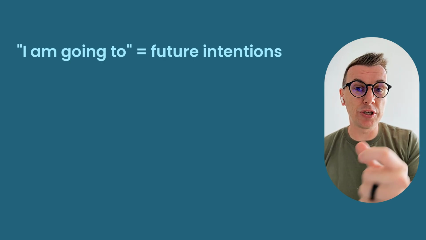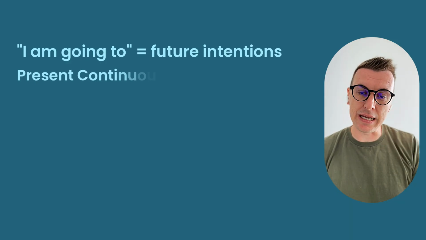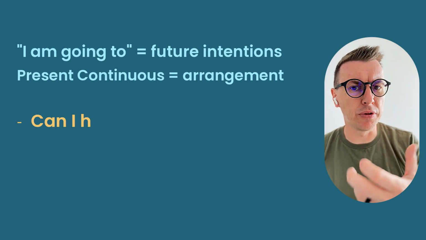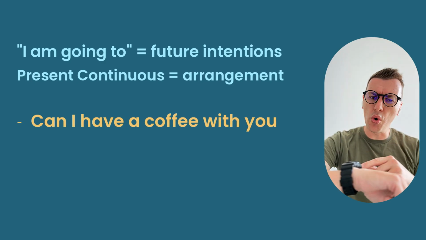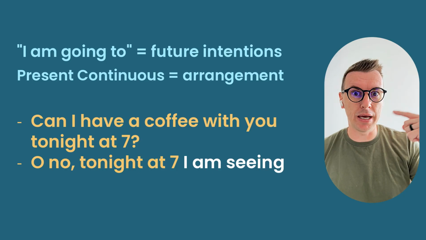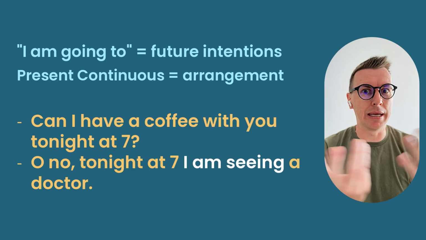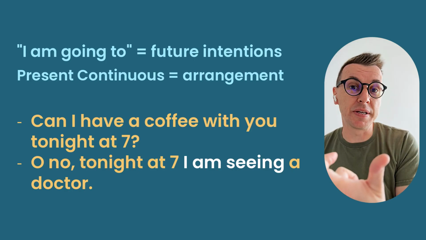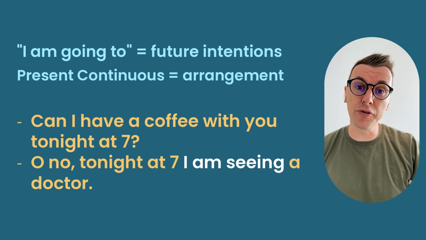An arrangement, right? You can use a present continuous tense, which will talk about the arrangements. For example, can I have a cup of coffee with you tonight at 7? Oh, tonight at 7, I'm seeing a doctor. So that's my arrangement. It's already on my timetable. I cannot have a coffee with you. So I am seeing a doctor. The present continuous tense used for the future.